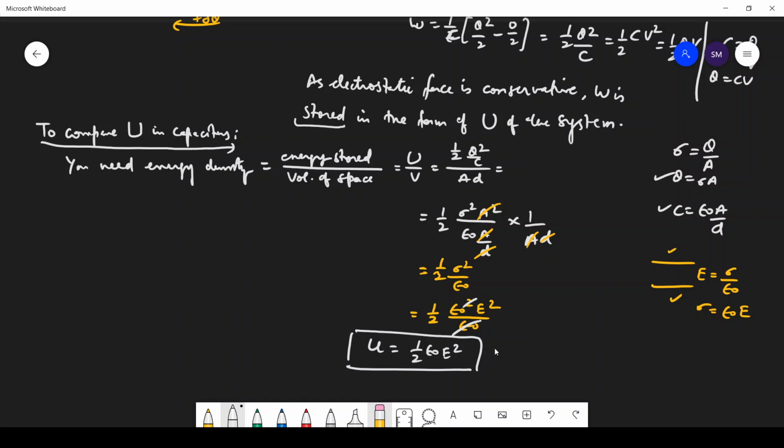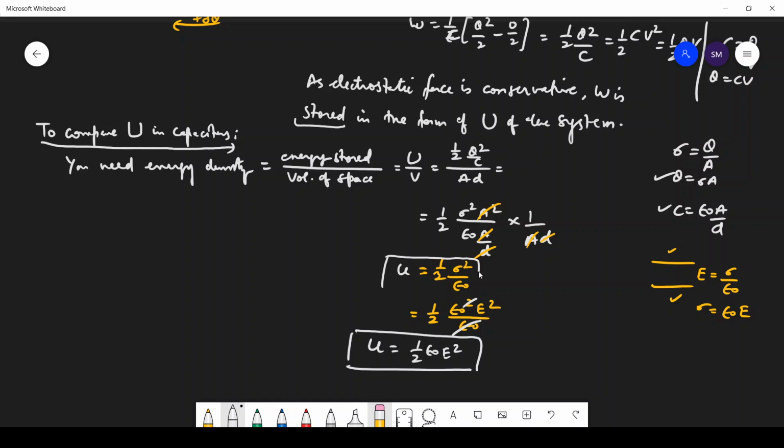So students, very simple derivation. So energy density is equal to energy stored upon volume. So energy stored we know, that is half Q square by C divided by AD. Simply put the value of Q and C and we get this, so that's also energy density.